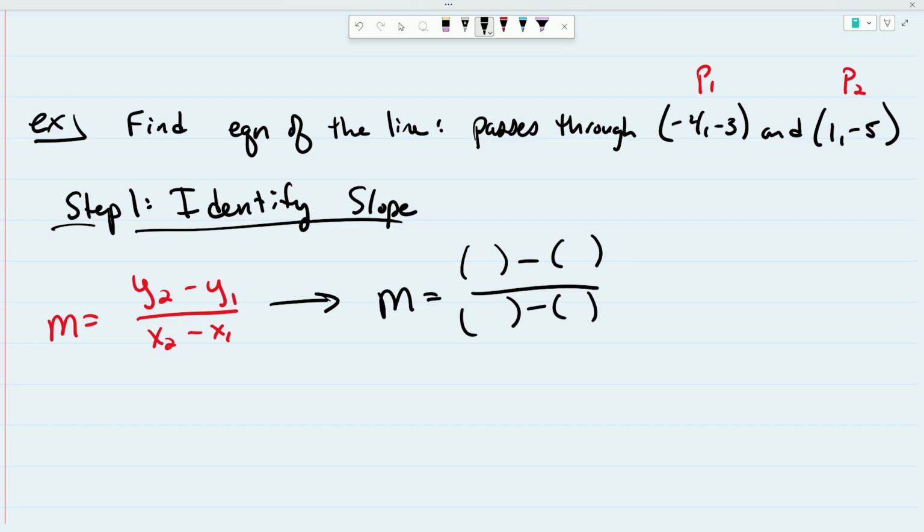So we got y2, -5, minus y1, -3, all divided by x2, 1, minus x1, -4. So in the numerator, I get -5 plus 3. In my denominator, I get 1 plus 4. And that's going to give me -5 plus 3 is going to be -2 over 5. And that right there is going to be our slope.